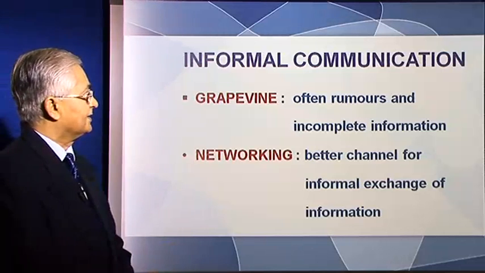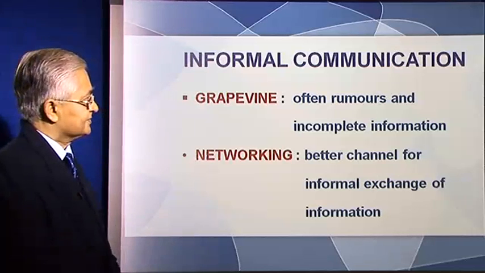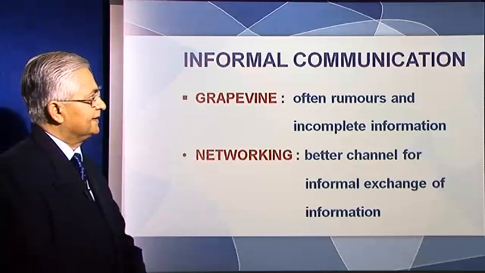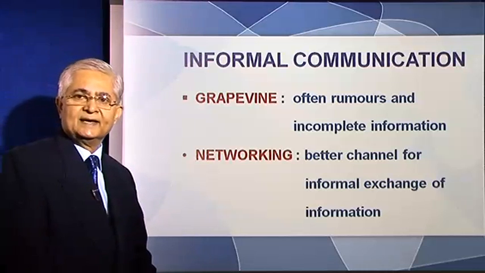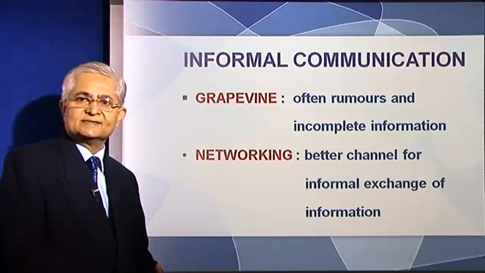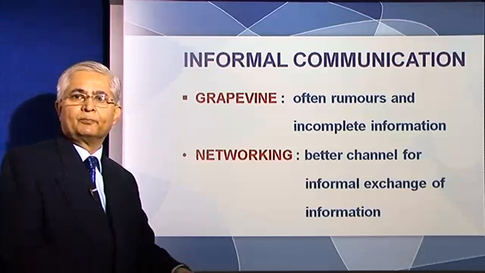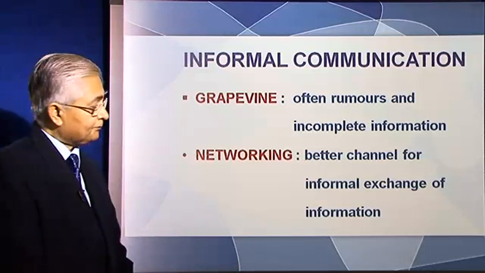This is what is called the grapevine system of transfer of information. What happens here is that rumors, incomplete information, speculation, these kinds of things take place through the grapevine network.